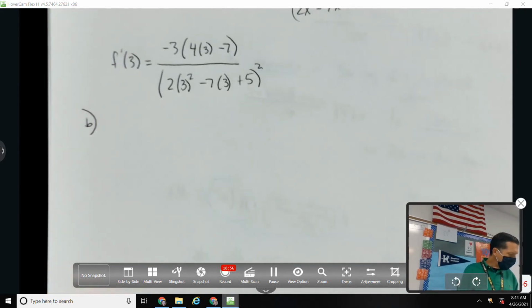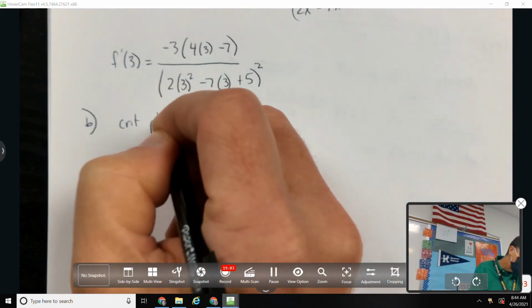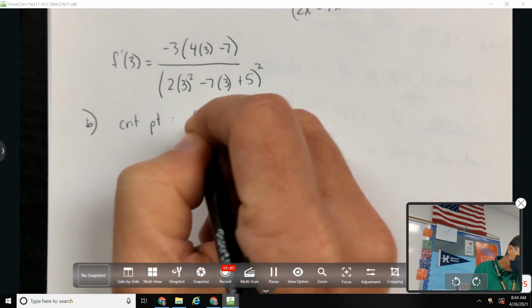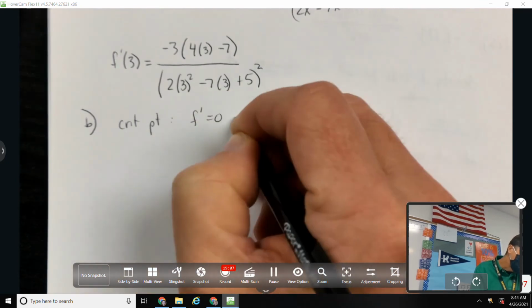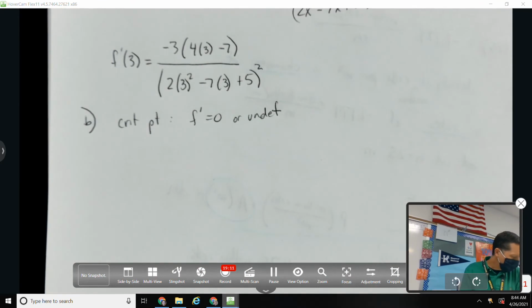Part B, find the x-coordinate of each critical point of f in the interval 1 to 5. Critical points. That would be where f prime is either 0 or undefined. Okay, well, we have f prime.